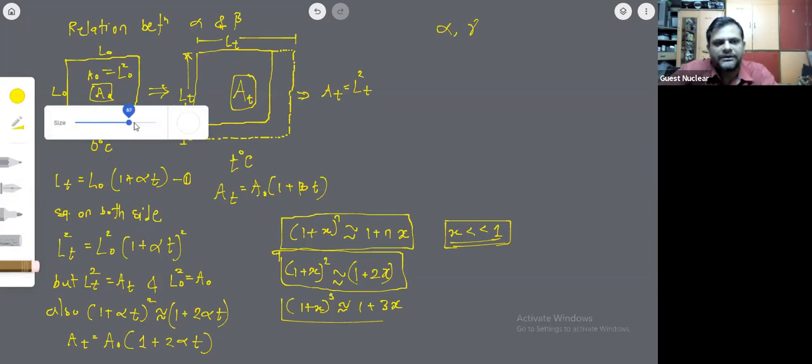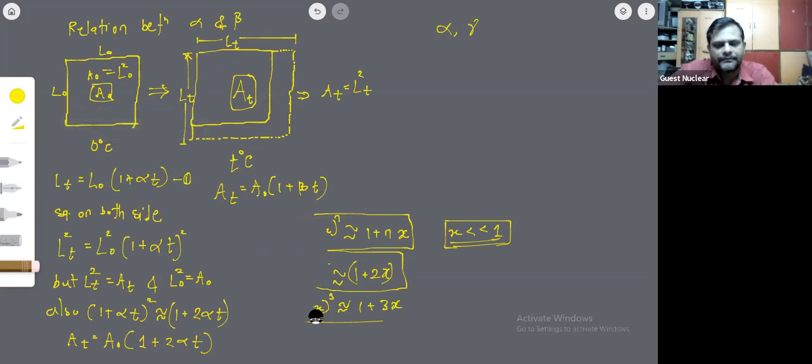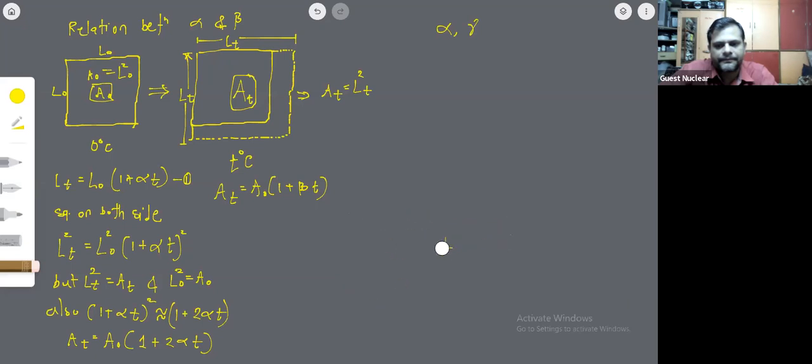तो एटी के लिए हमारे पास ओरिजिनल इक्वेशन क्या है? Yes, if you just see here, then AT can be written to be simply equal to A naught into 1 plus beta T. ये ओरिजिनल इक्वेशन हमारे पास है.